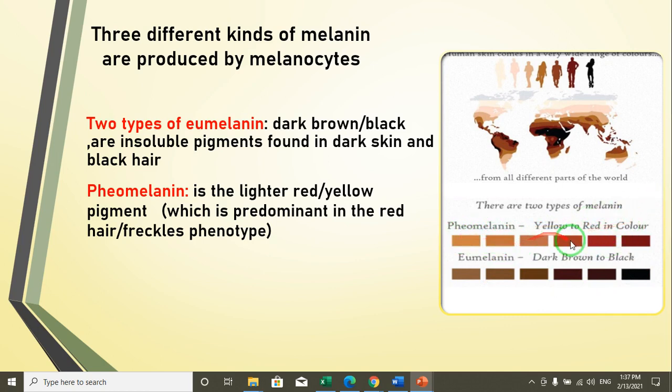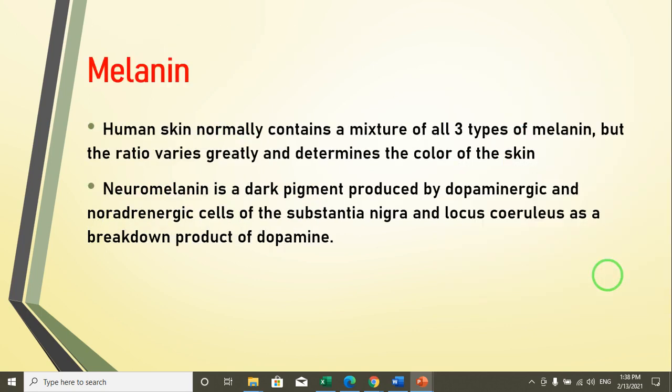This coloration is due to pheomelanin, while eumelanin is responsible for the dark brown to black color. The last row is the color produced by eumelanin. The 3 types of melanin are usually found in human skin, but the distribution and quantity differ.